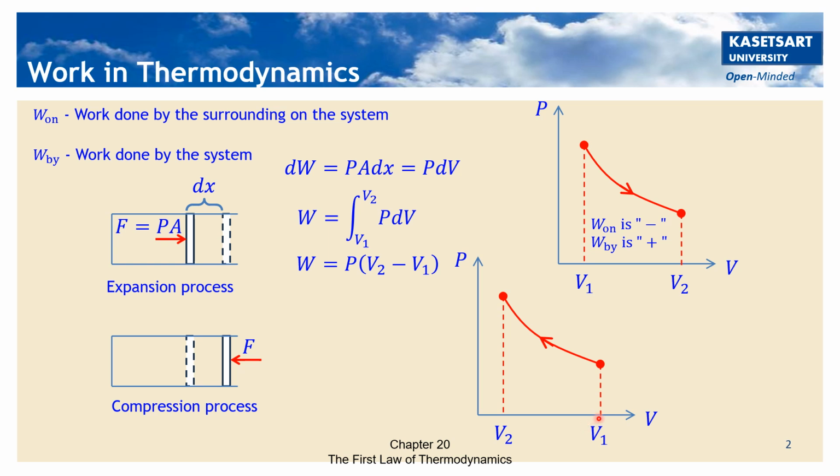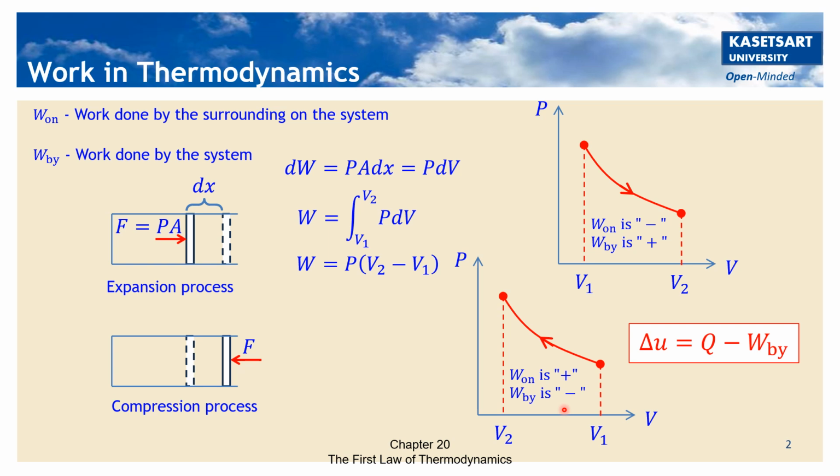In compression we increase the pressure inside and the volume is decreased. So we can conclude that in the opposite way, work on the system, or work by the surroundings on the system, will have a positive sign and work by the system will have a negative sign. So that's all.